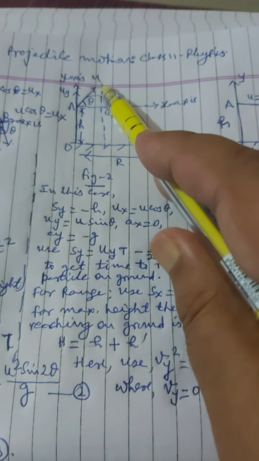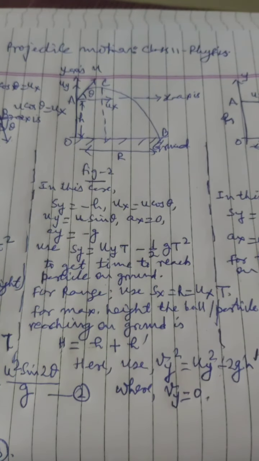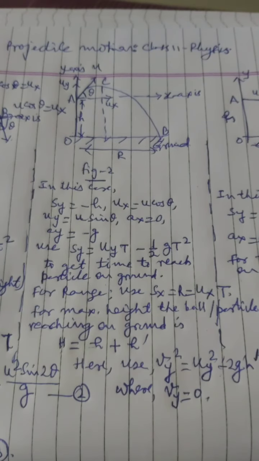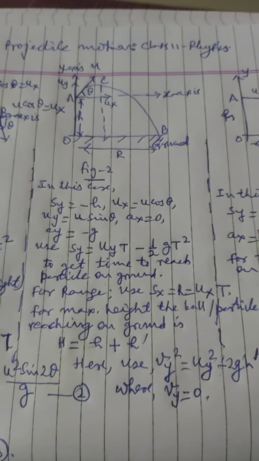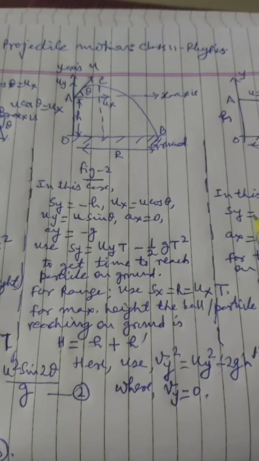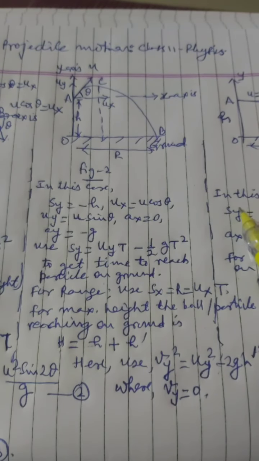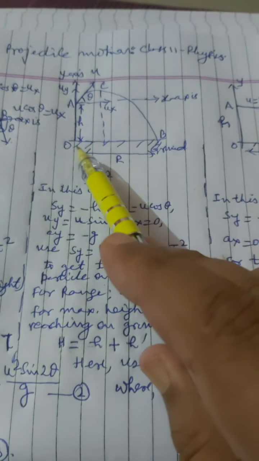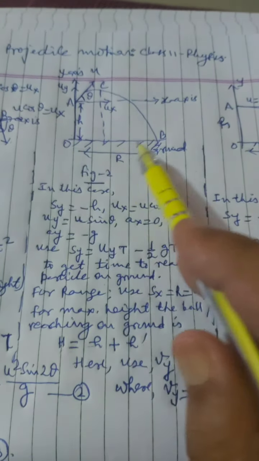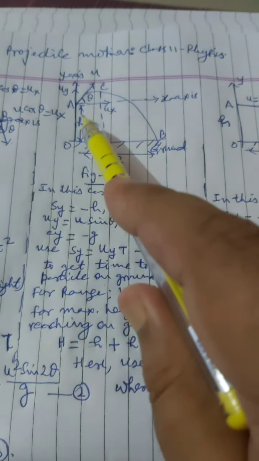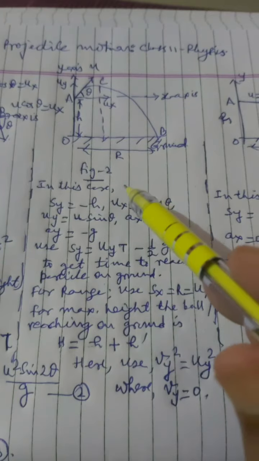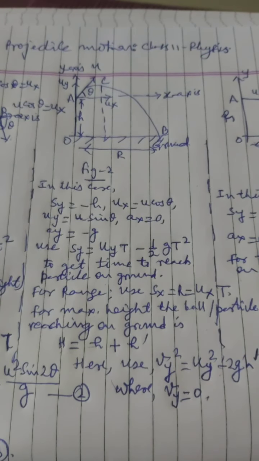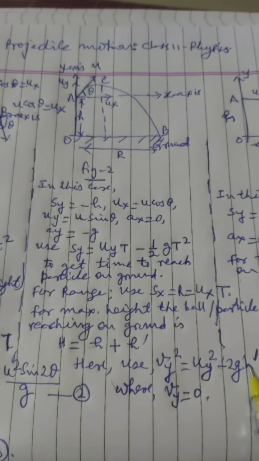Here u will be 20 root 2 meter per second. To find the time to strike the ground and the distance of this point from the foot of the tower, that is, it is asking for the range OB and the time of flight. So use the formula mentioned in figure 2 and you will get the result.